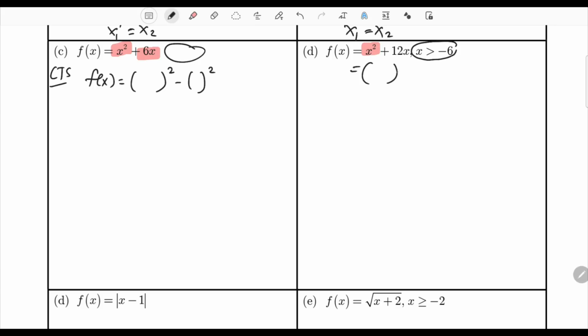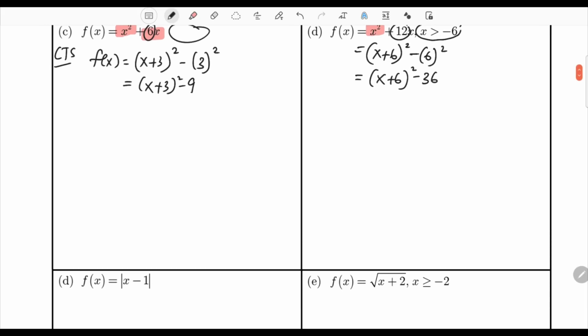Similarly here, bracket squared minus bracket squared. Half of 6, so x plus 3 minus 3. Here, half of 12, x plus 6 minus 6. So we end up here for C with x plus 3 squared minus 9. For D, we have x plus 6 squared minus 6 squared, which is 36.